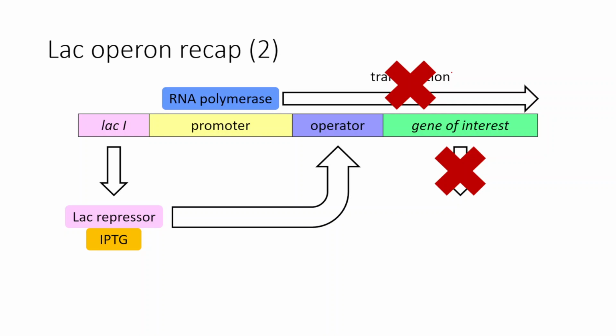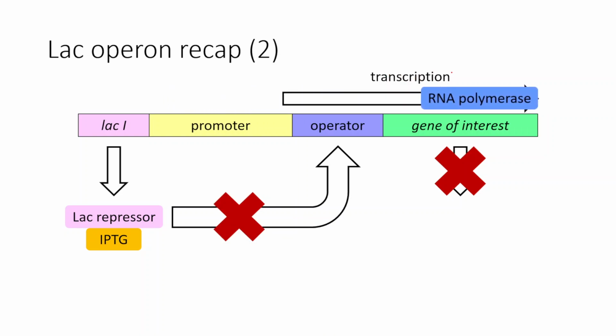When you add IPTG, it binds the lac repressor and pulls it off the operator, so RNA polymerase is able to transcribe your gene. Once the gene is transcribed, you can translate it into the protein that you want.